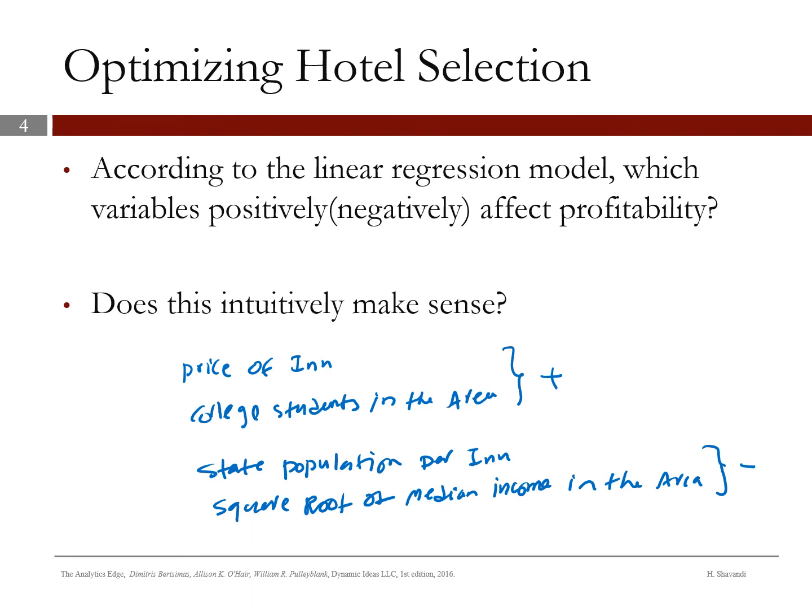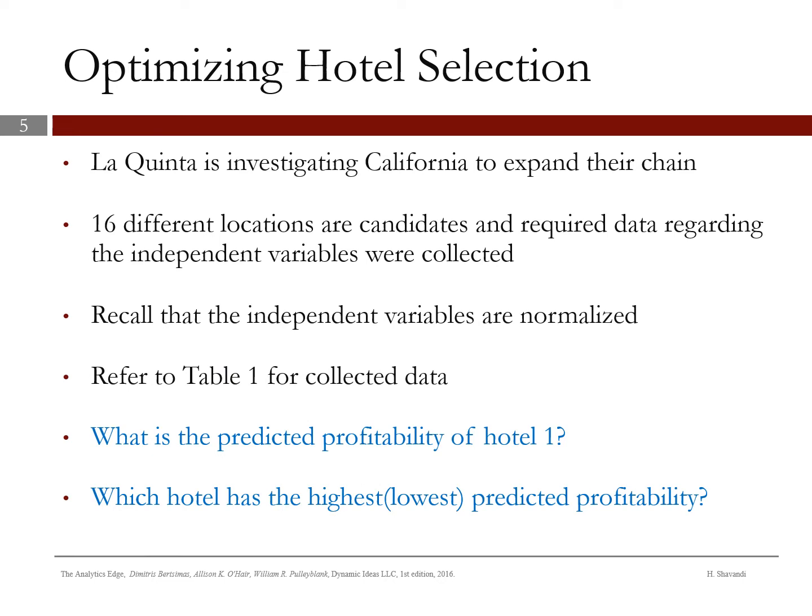Okay. So the La Quinta hotel chain wants to investigate California for expansion, and they have 16 different locations as candidates. Okay, so the data about the variables have been collected.